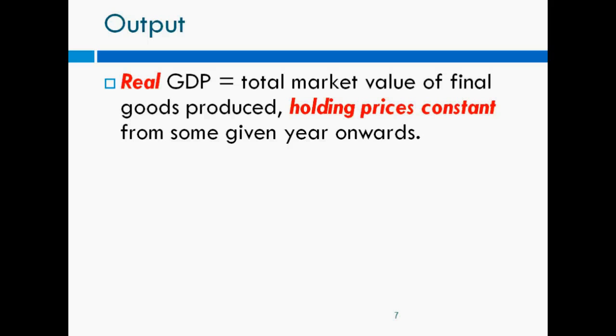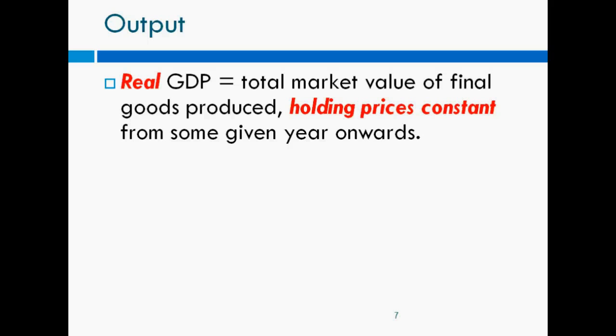So you say, okay, let's fix the prices, we'll set prices at the prices from 2005. And let's pretend those prices never changed. So we'll use 2005 prices from now on in calculating GDP.